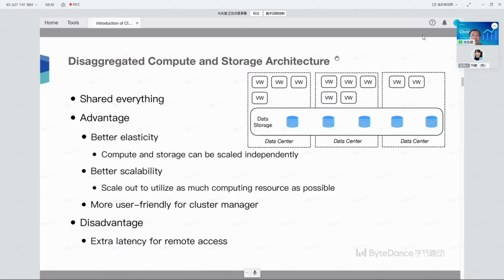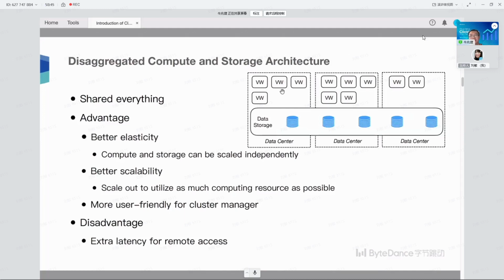We have many computing resources here, and from their perspective they see a global shared pool, which is the data storage layer. This means all of the data in this pool can be shared across all of the computing resources.